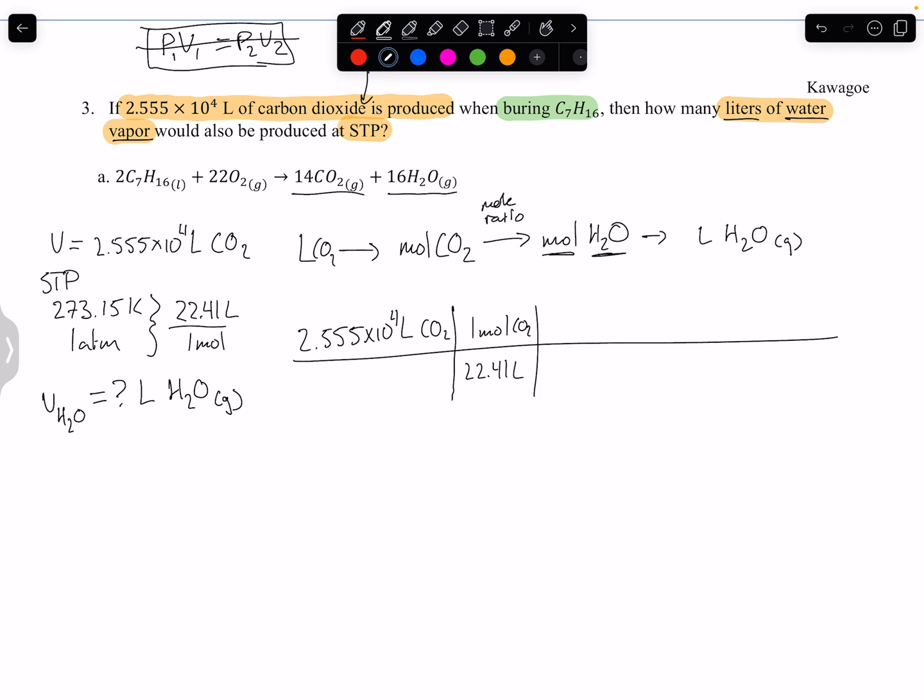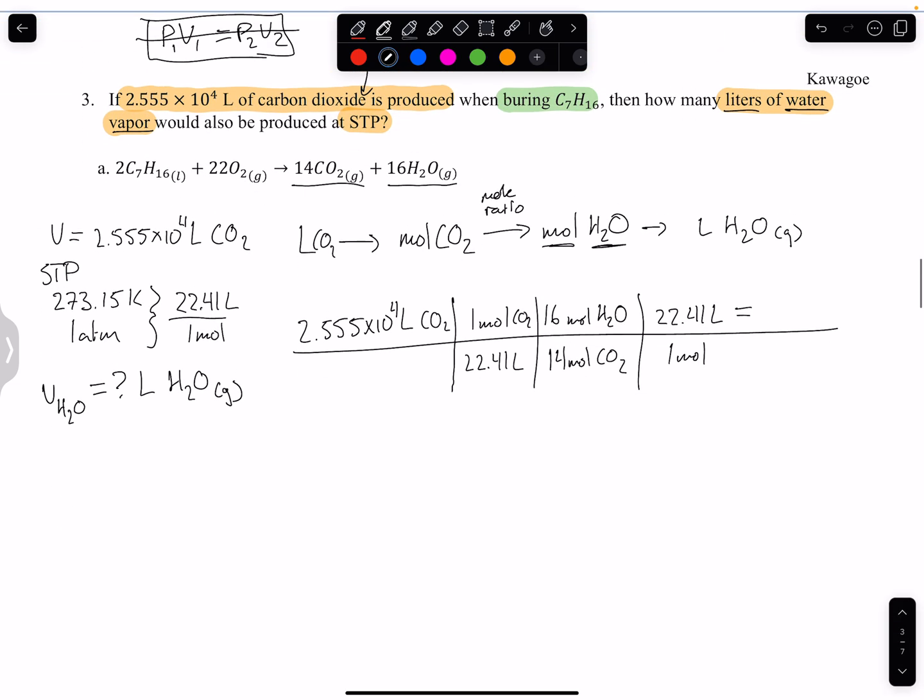So now I need my mole ratio. So moles of CO2 goes on the bottom, 16 moles of H2O goes on top. And now on this end, because we're still at STP, it doesn't tell us if the temperature or pressure changes, still at STP, so I can use 22.41 liters over 1 mole. And that will give me the liters of water vapor.